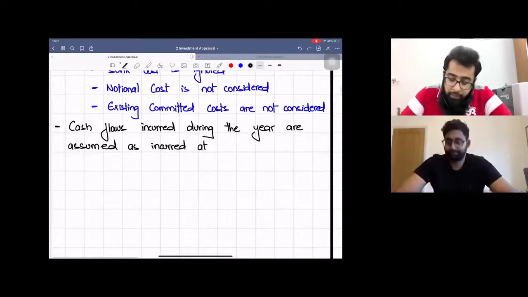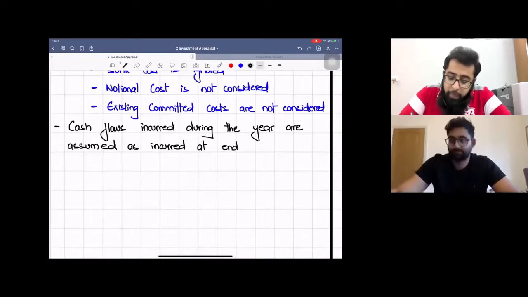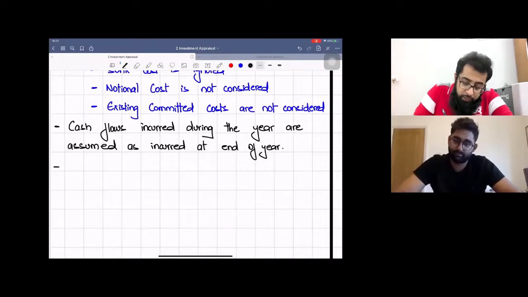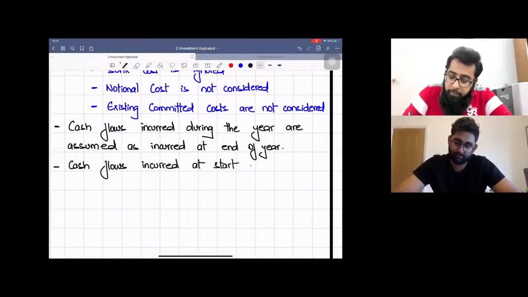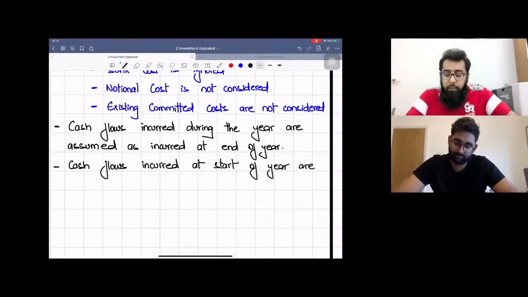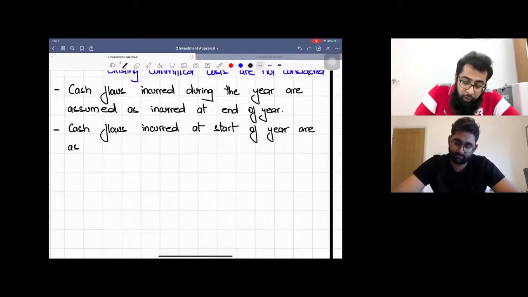Then similarly, cash flows incurred at start of year are assumed as incurred at end of previous year.